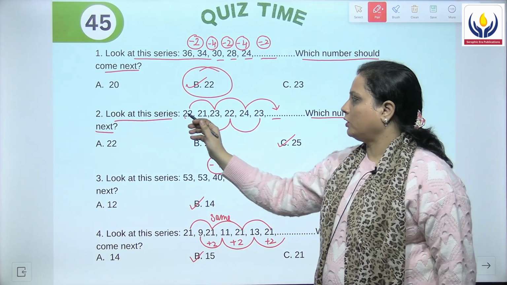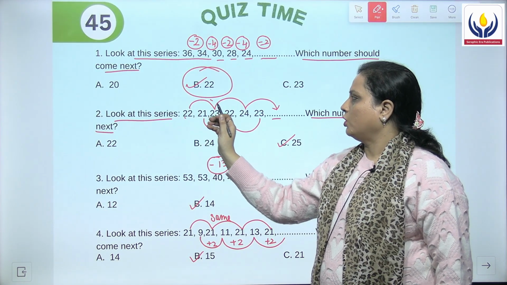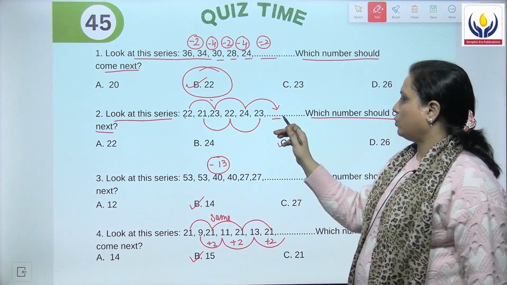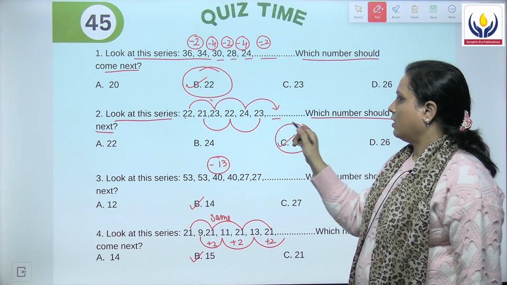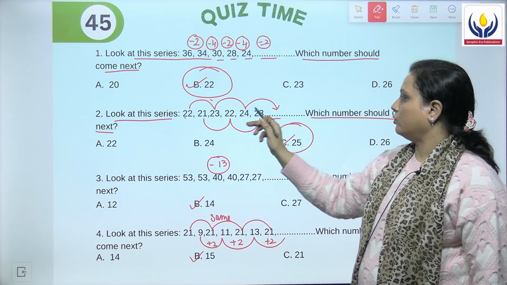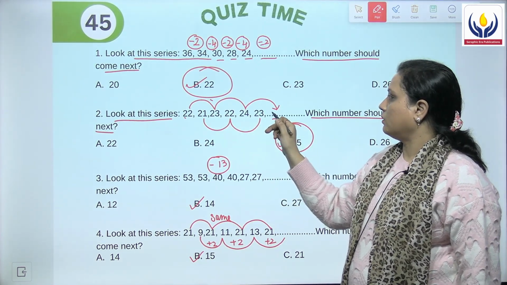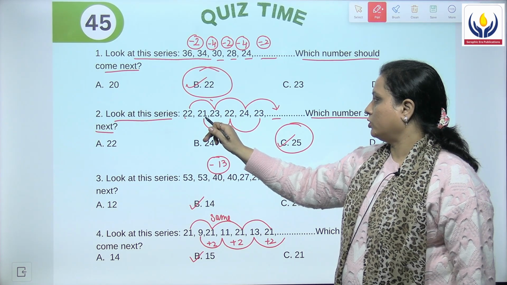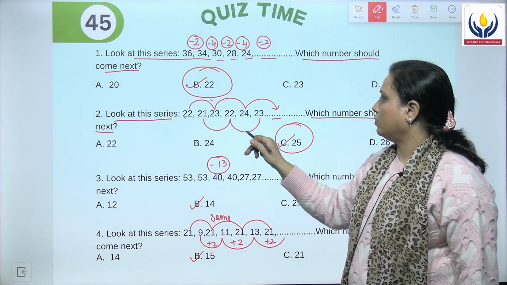They have alternate numbers written, 22, then 23, then 24, and the next will be obviously 25, because they are following the pattern. The above numbers we have to follow because we are asking for the numbers which are above. The pattern is being followed for down, 21, 22, 33.